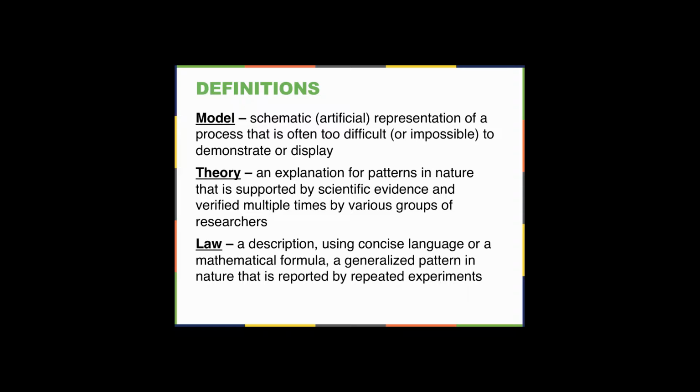And even laws that have been falsified, such as many of Newton's laws, are still used because they explain 99.99% of the things that happen in our universe and are only falsified at very extreme circumstances.